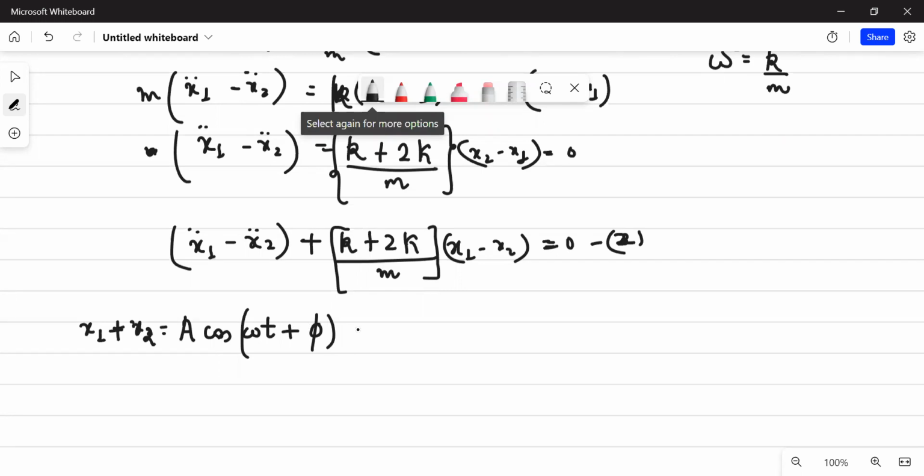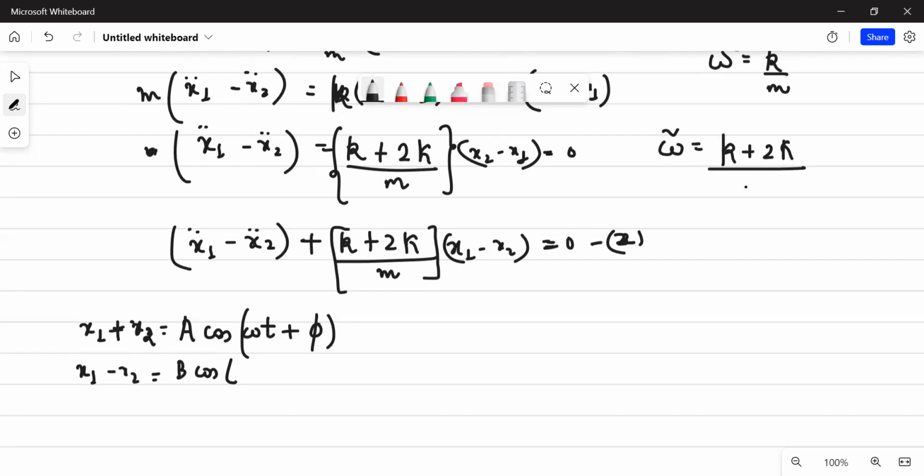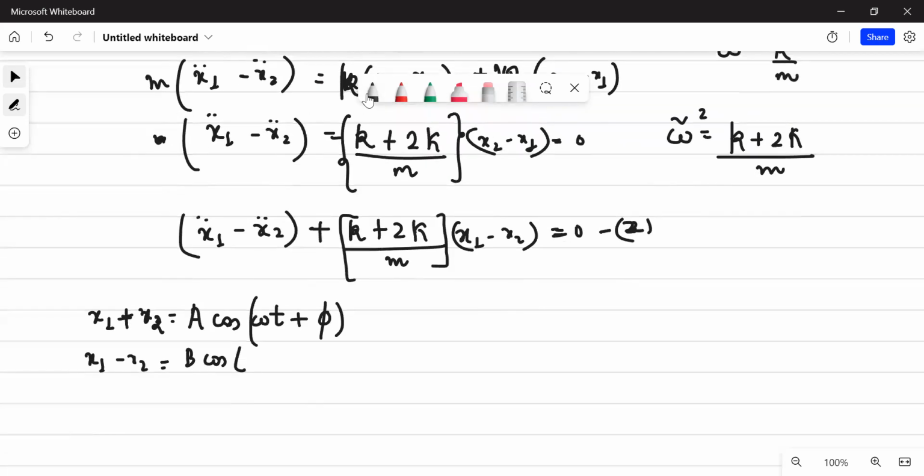And another, x1 minus x2, will be equal to B cos of, and yesterday I took the symbol omega tilde, so I'll take omega tilde again here, where omega tilde square is k plus 2 kappa upon m. So this is what it is.